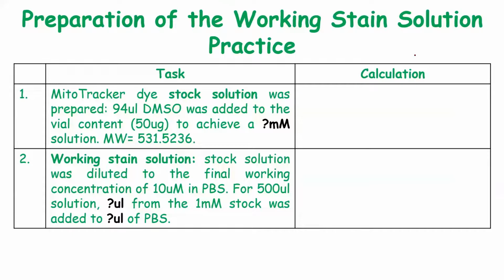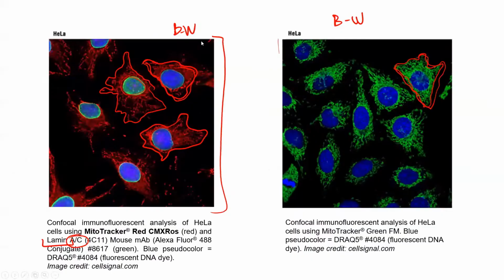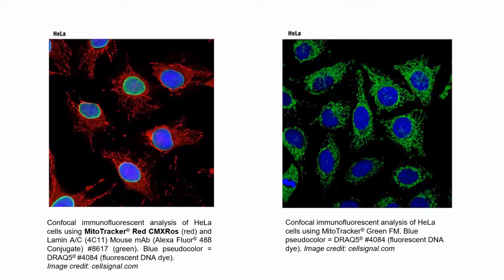Okay, so now we have... Sorry, can I ask a question? Yes. For the results section, what picture should we use as a reference? I would go with this reference, the red one. But these are not the NRK cell line, yeah?